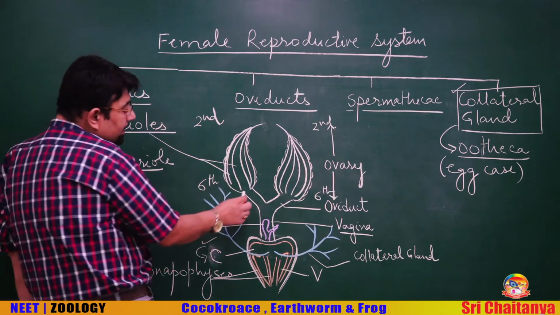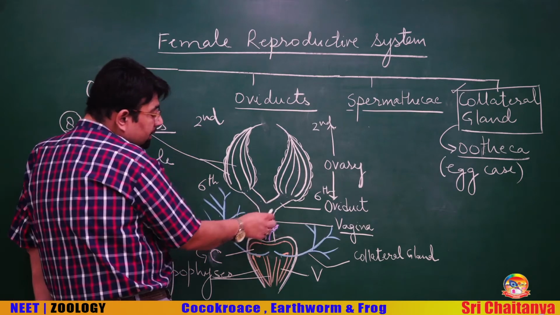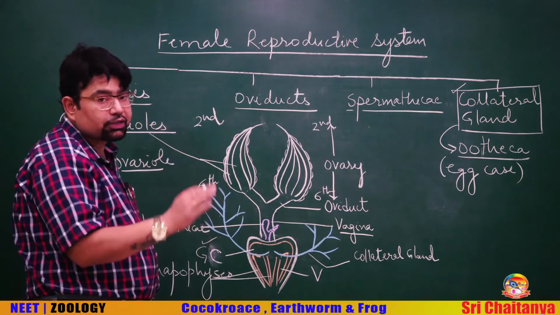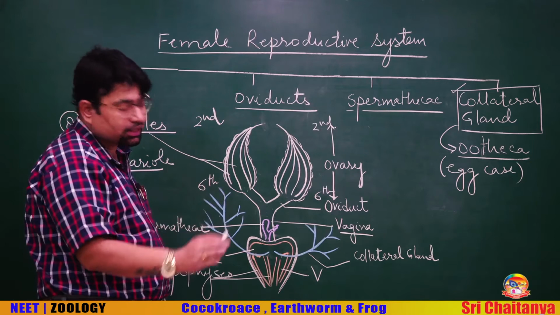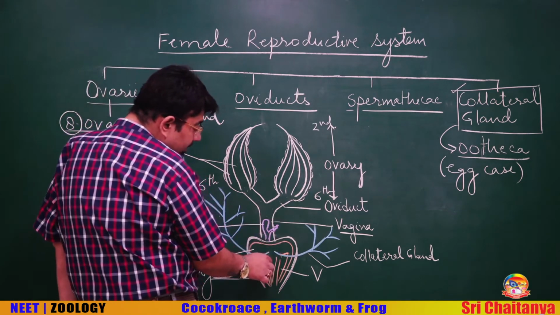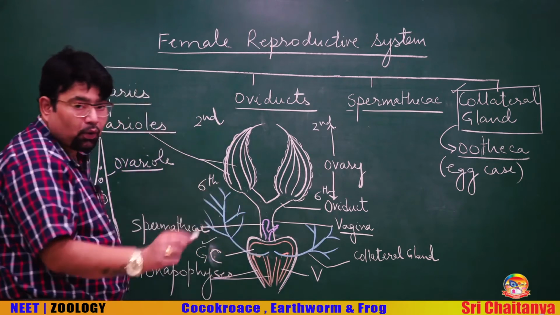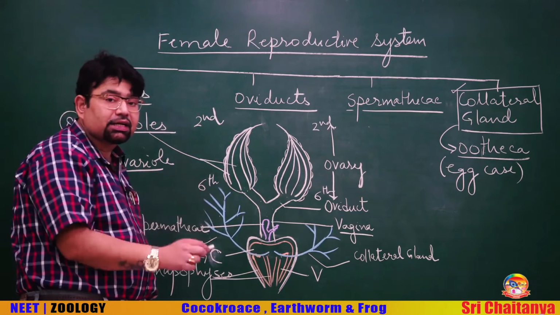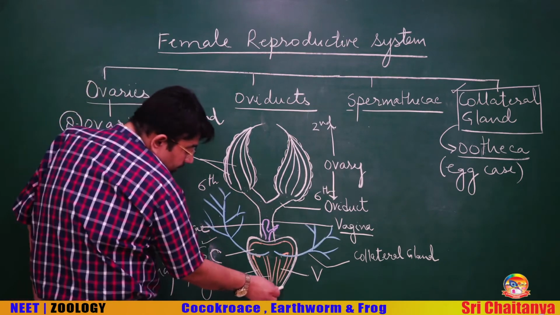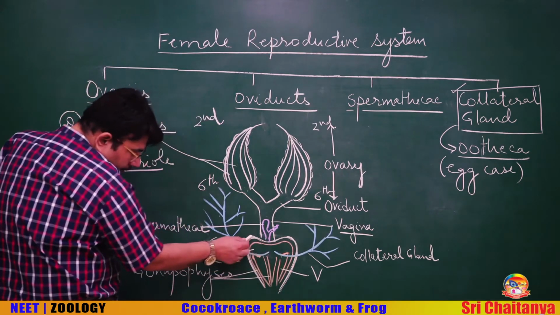Each ovary is connected to an oviduct, and both the oviducts combine to form a common oviduct, also called the vagina. Then the vagina opens as the female gonopore in the genital pouch or the brood pouch. Now this is the genital pouch, what I am outlining here.